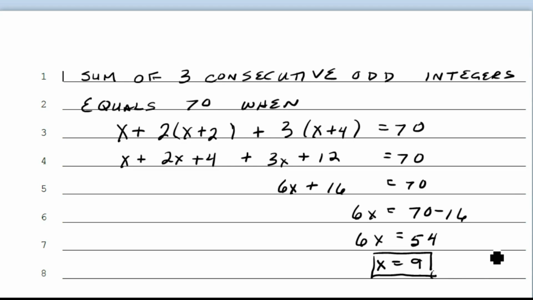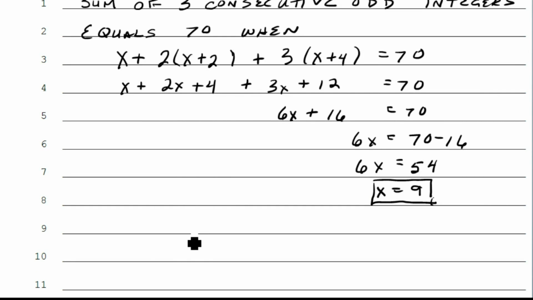So the first integer x is 9. Next odd one is 11. Third one is 13. And what the problem calls for is 9 plus twice the next one, 22, and 3 times the next one, 39.